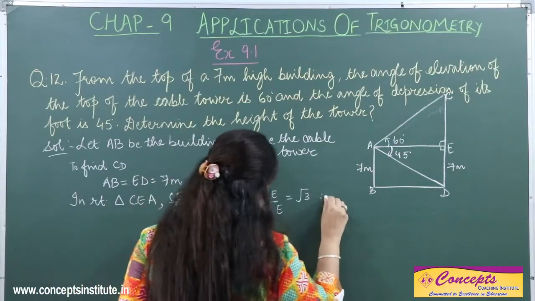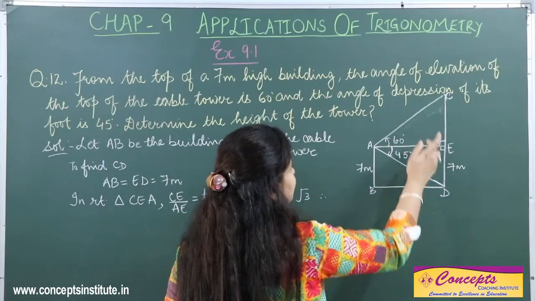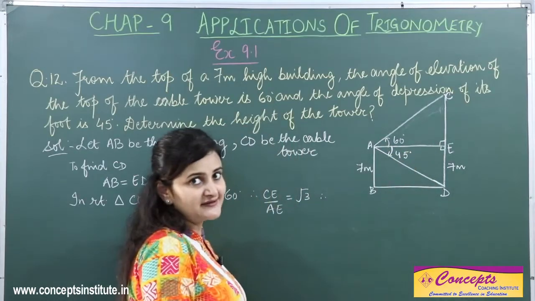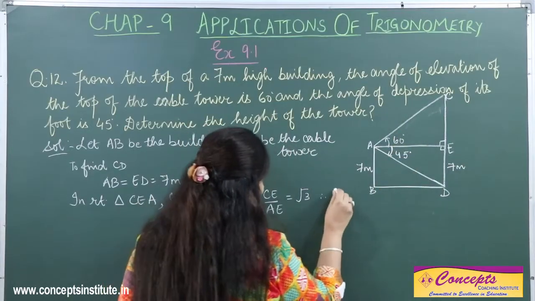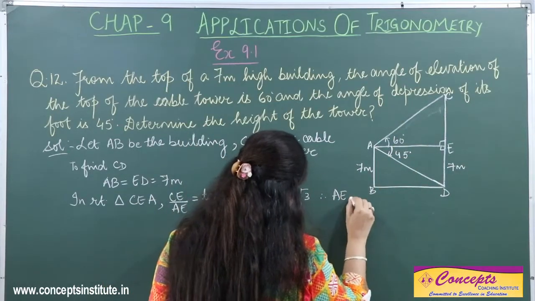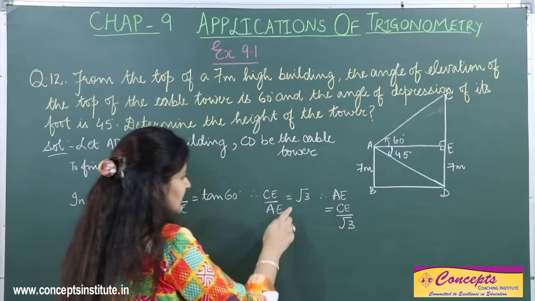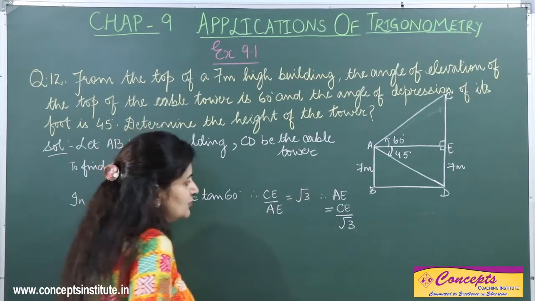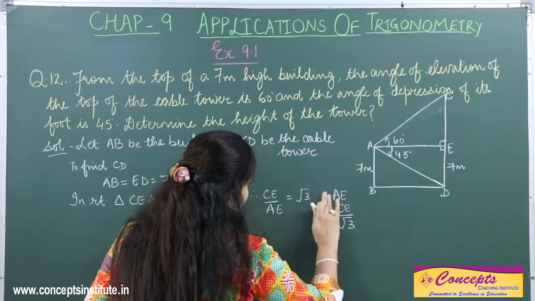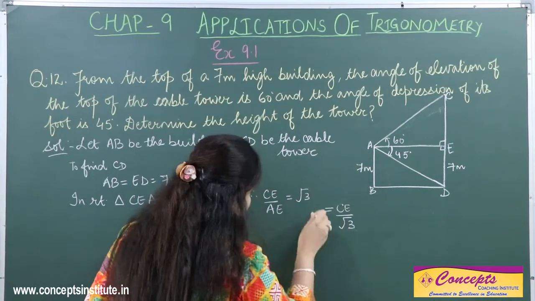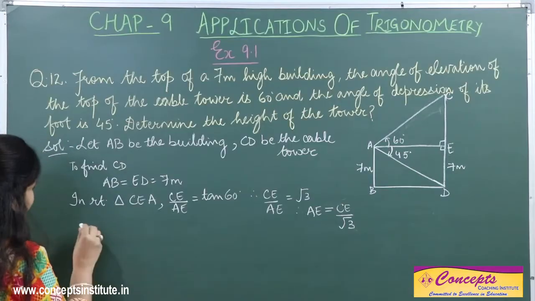So what can I say that AE would be, because as you can see AE is the common link between these two right triangles. So I am going to find out the value of AE from both the triangles. So therefore AE would be equal to CE upon root 3. See, root 3 comes down and AE goes up, right? So therefore AE equal to CE upon root 3.